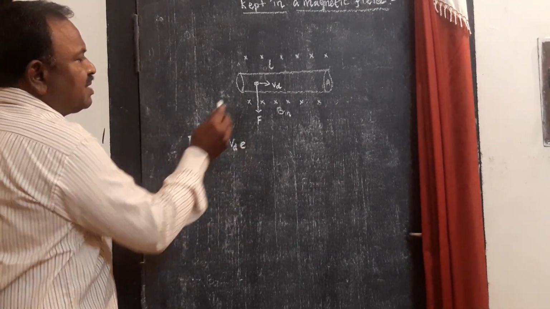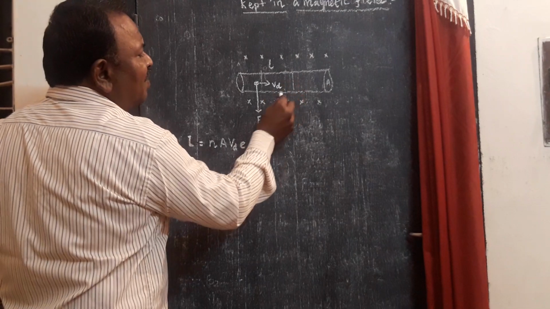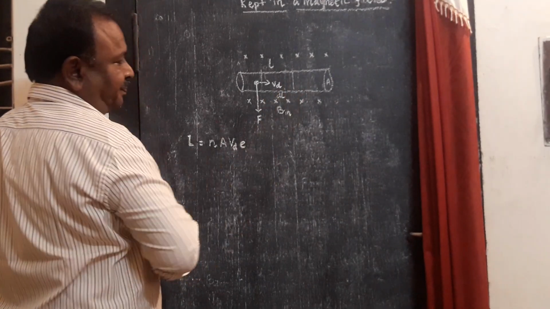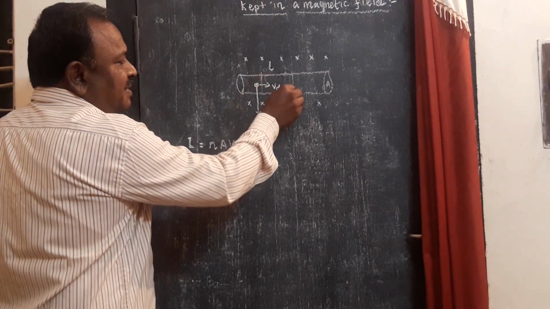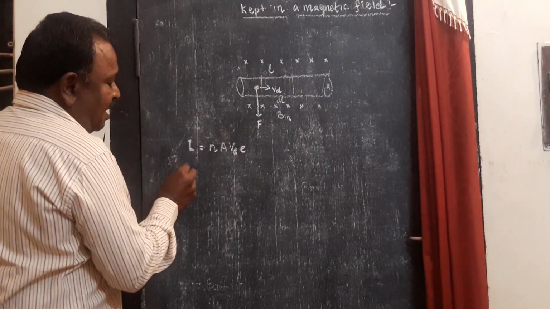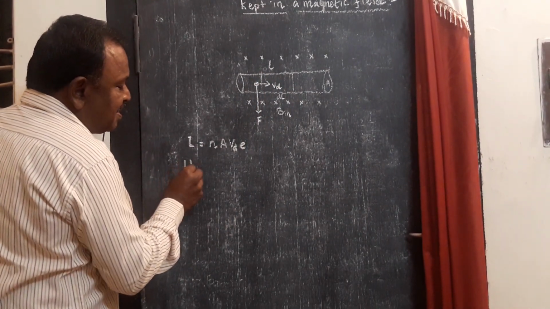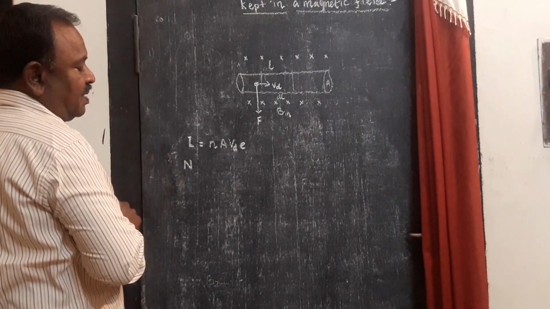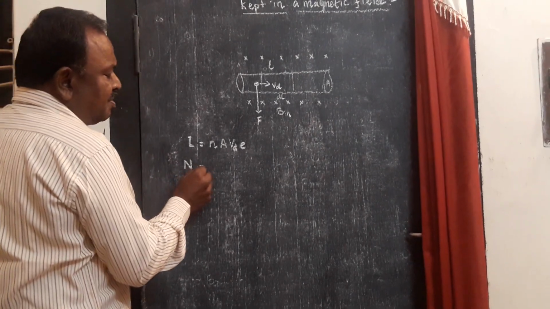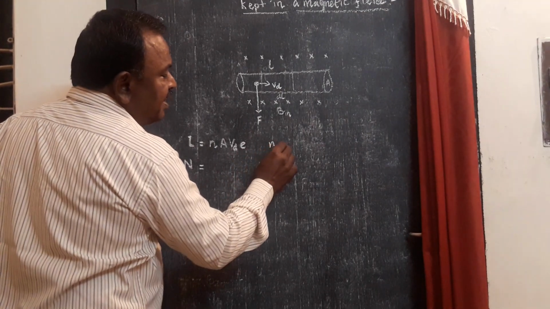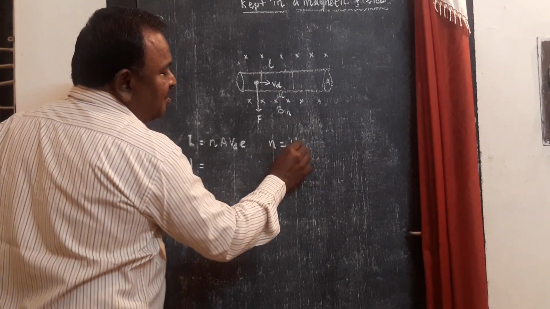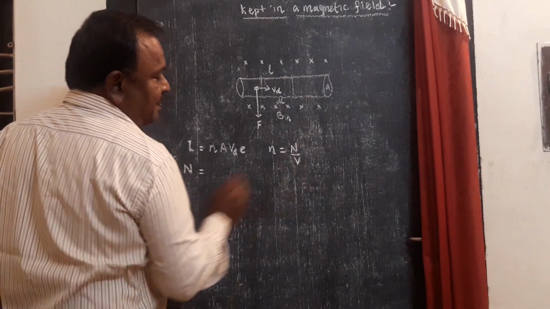Now we are going to consider a small element of length dl. In this length dl, let N be the number of electrons. The electron density is given by n = N/V.